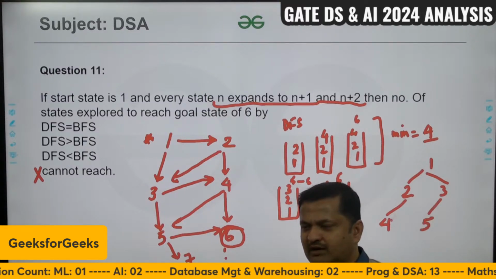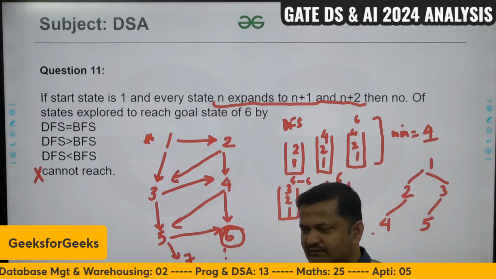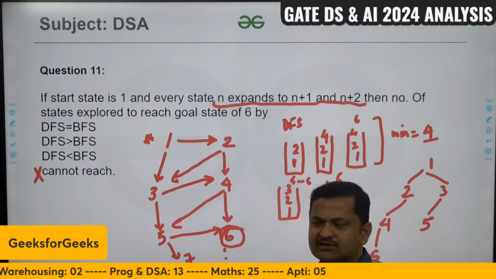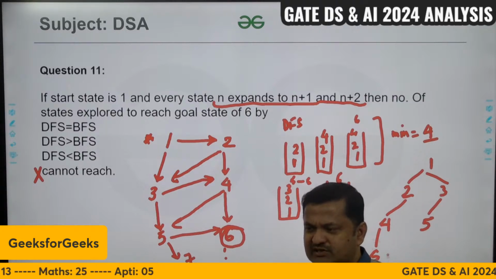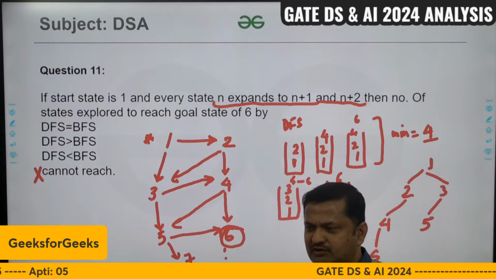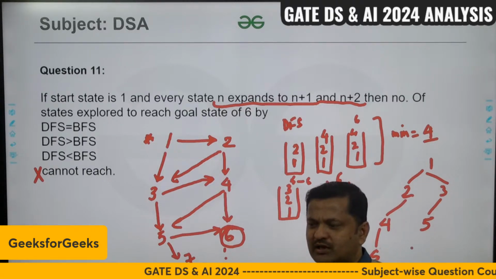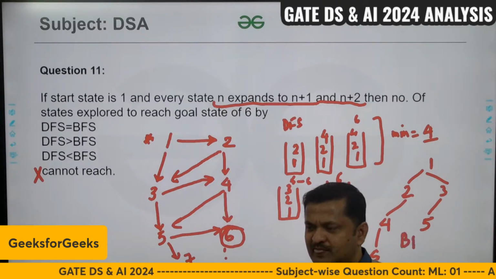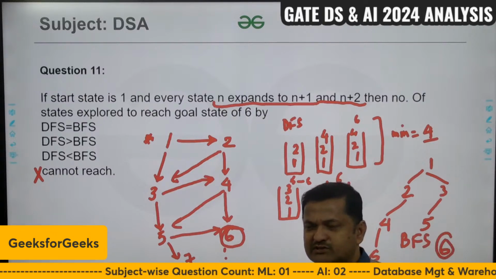Then either you can start with 4 or with 5, and then we reach 6. Now, if we traverse and reach 6, we have to visit at least nodes 1, 2, 3, 4, 5 and 6 in the case of BFS. So 6 nodes are supposed to be traversed in the case of BFS.